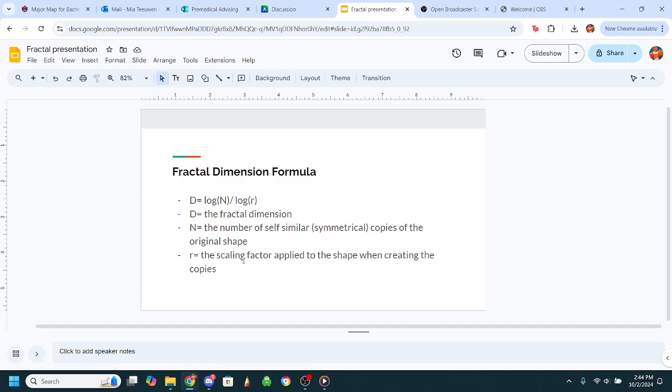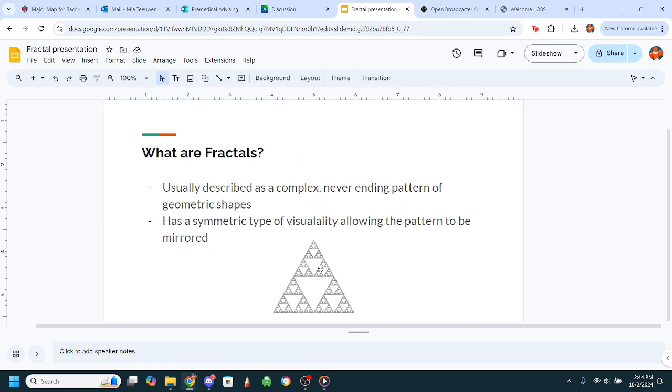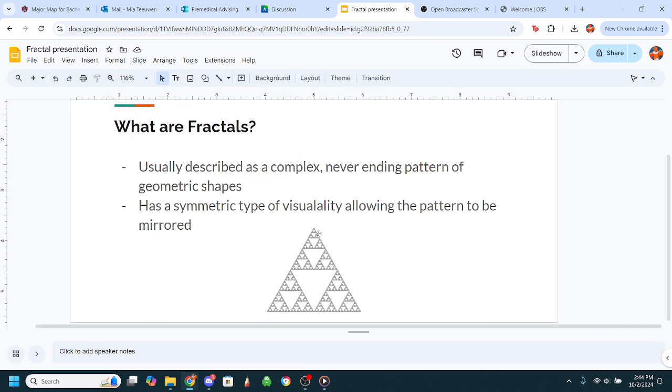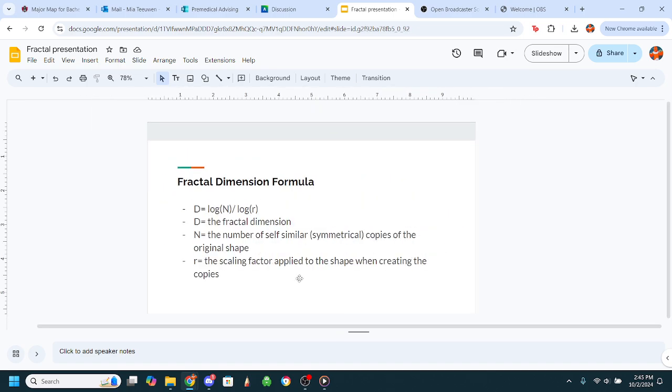And then our r will be the scaling factor applied to the shape when creating these copies. Once again, we can see this triangle is the same. The big triangle is divided into smaller triangles, and it has the same formula where it's one big triangle made up of 3 medium-sized triangles. So the scale would just be that r value.